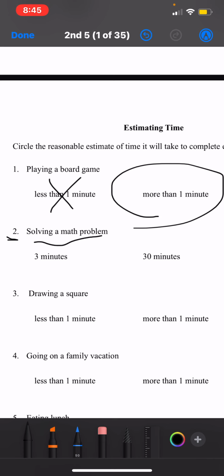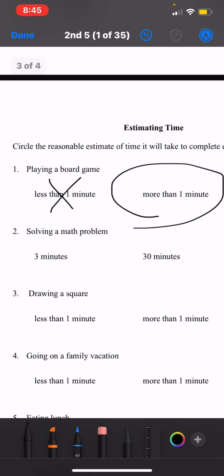When solving a math problem, it takes 3 minutes or 30 minutes. Well, that kind of varies, right? Because a student might have a hard time understanding a problem. It might take them 30 minutes.